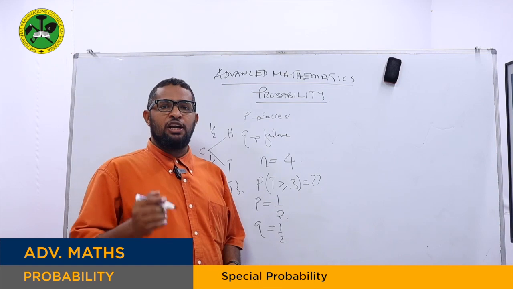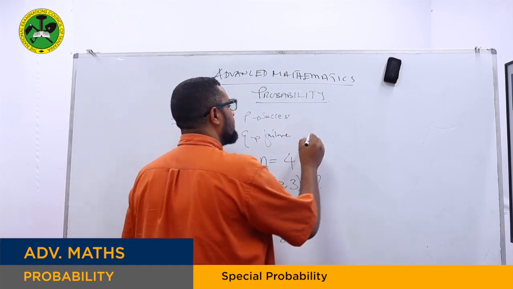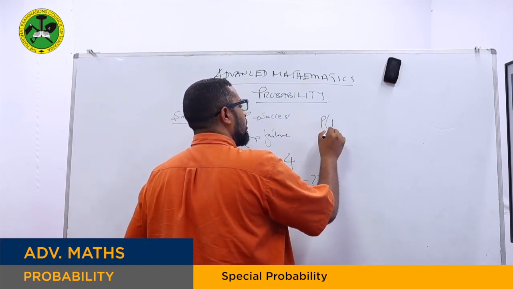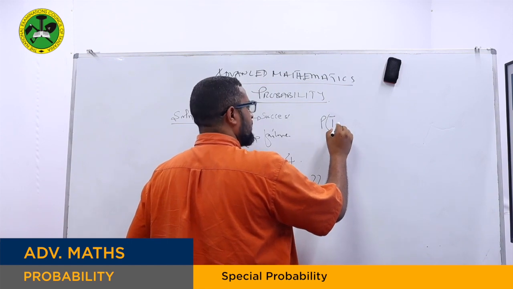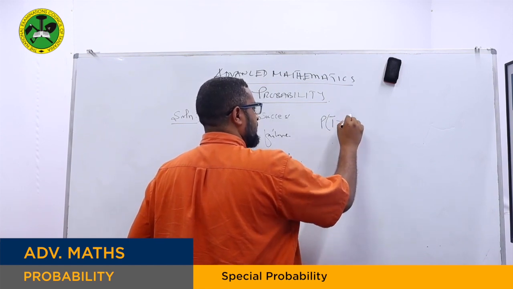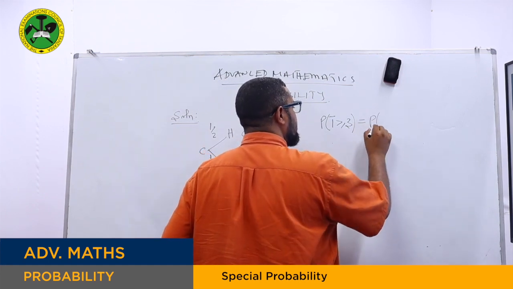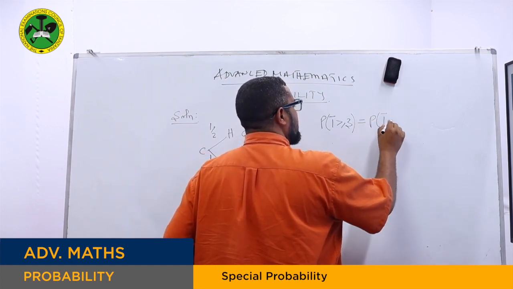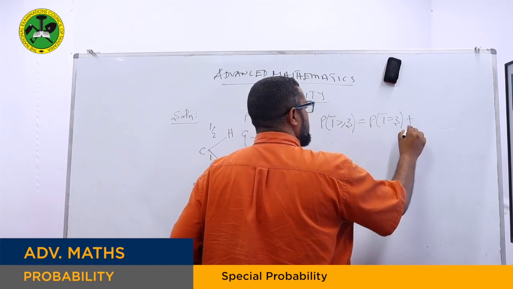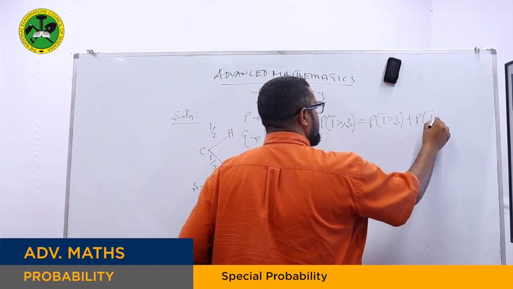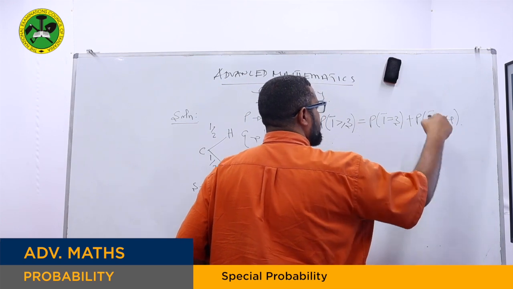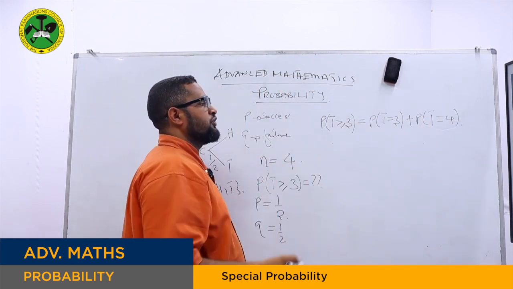Now it's time to rewrite the formula for finding probability. So the probability of tail greater than or equal to 3 is obtained by taking the probability when tail equals 3, plus the probability when tail equals 4, because we are given the number of trials, which is 4.